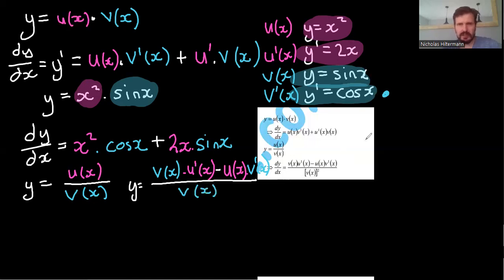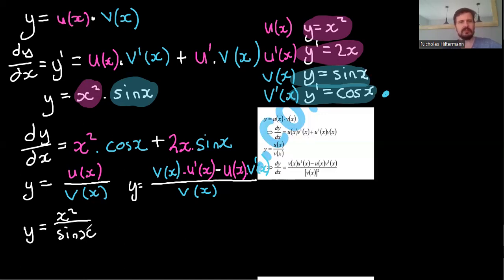Okay, so let's look at an example. Tell you what, because I've already done these, I'm going to just say it was x squared over sin x. So say they give you, what is the derivative of x squared over sin x?